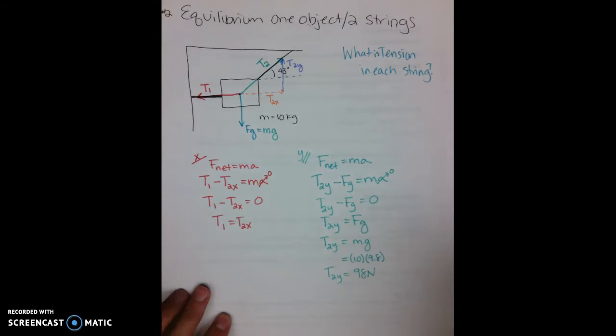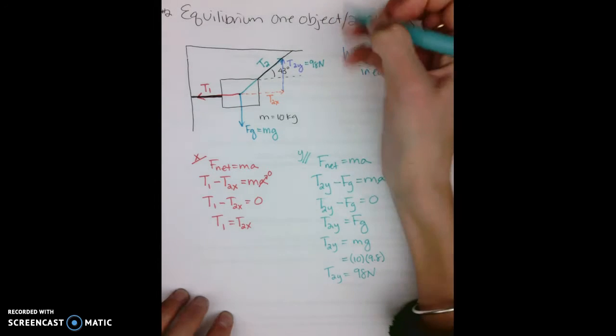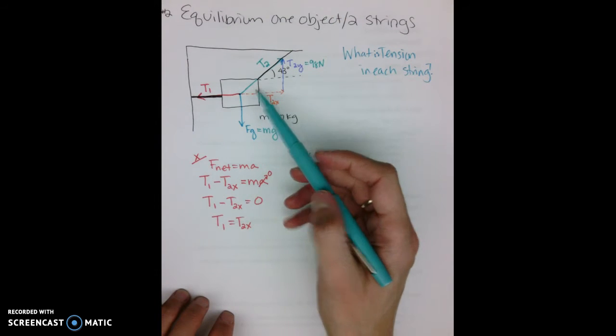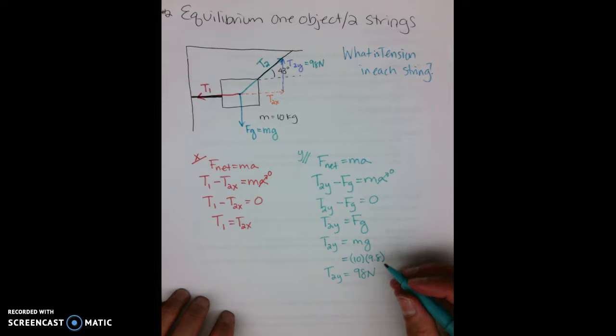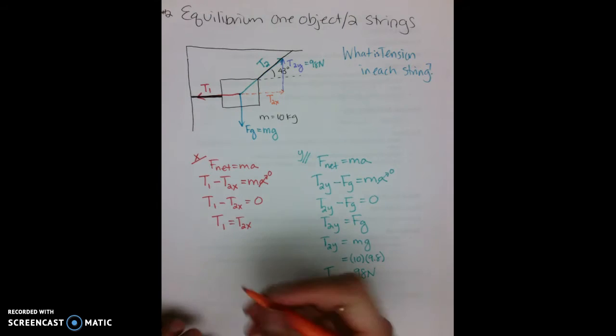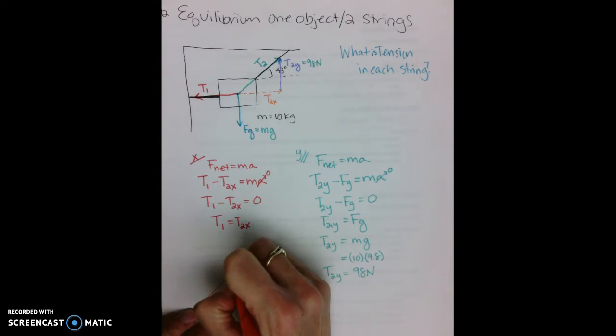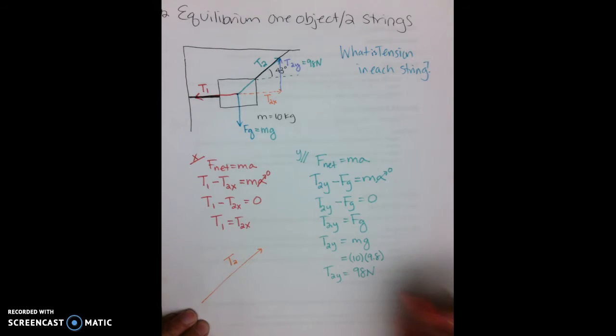All right, so I have T2y equals 98 newtons, and I have an angle. So maybe I should draw a trig triangle and see if I can figure out what T2 is from just T2y. Here is a trig triangle, and I'm going to label it. Here's T2, the hypotenuse.